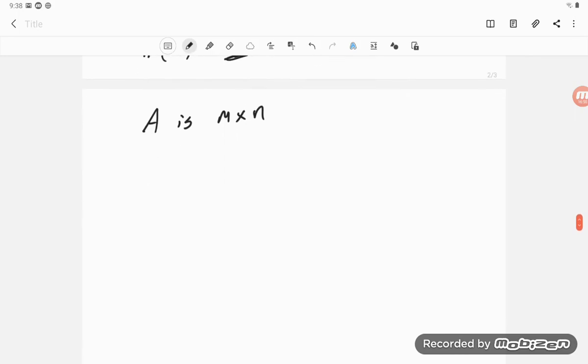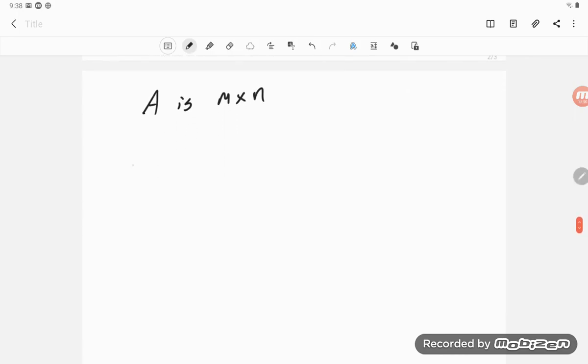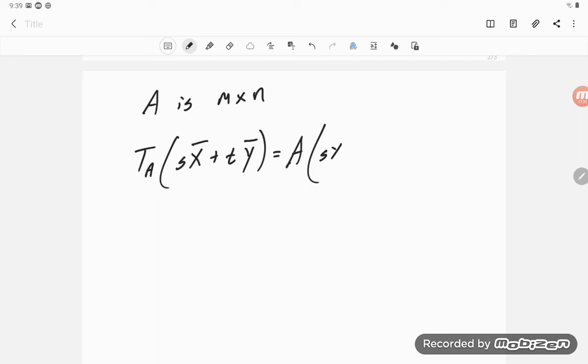And we can check from our properties of matrices that certainly that's a linear transformation. Because if I take T_A of s times x plus t times some y, then according to this it is A times (s x plus t y).